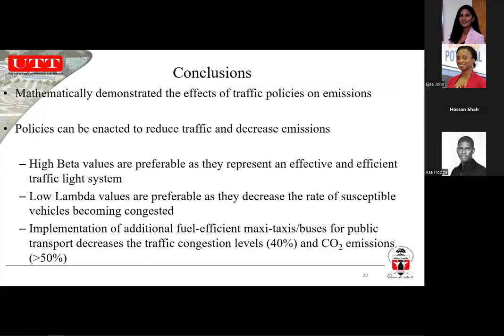So that represents an effective and efficient traffic light system. We saw that low lambda values decrease the rate of susceptible vehicles becoming congested in traffic. And the implementation of additional fuel-efficient maxi taxis or buses for public transportation decrease traffic congestion and CO2 emissions.